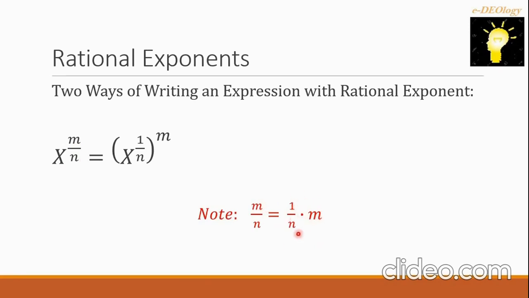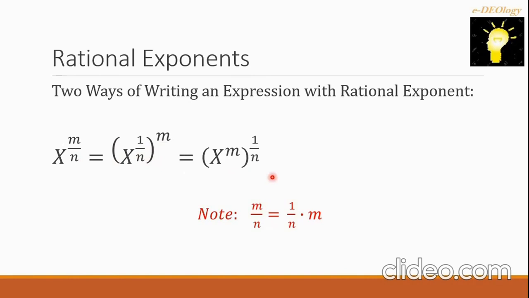This fraction with numerator 1 and the n as the denominator. So as we see here, we have now the x with two exponents. One is the fraction 1 over n, and outside the grouping symbol is the exponent m.